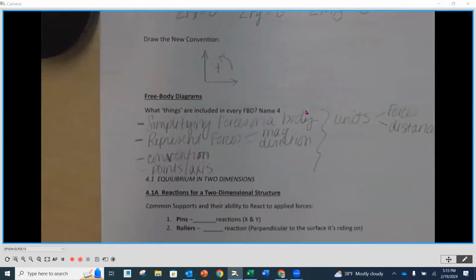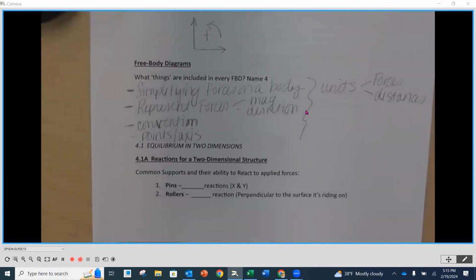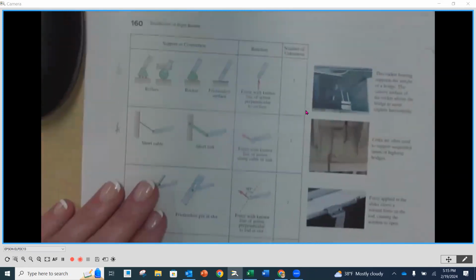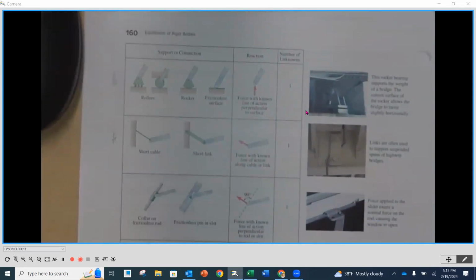So we're going to start looking now at reactions for two-dimensional structures. Okay. Now there are common types of supports, and those are listed for us on page 160 in our book. So I have that here. So if you go into the book, 160 is going to be a place where we're going to be referencing back. Okay.